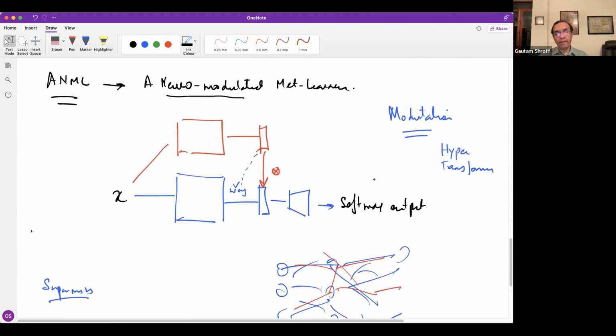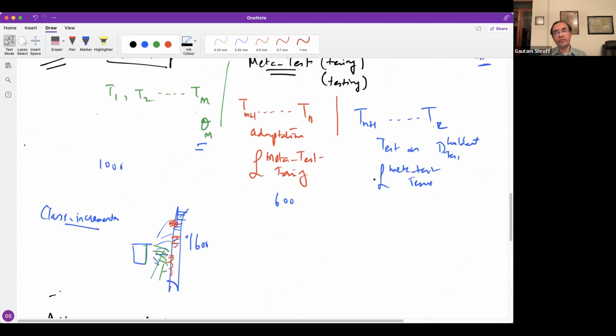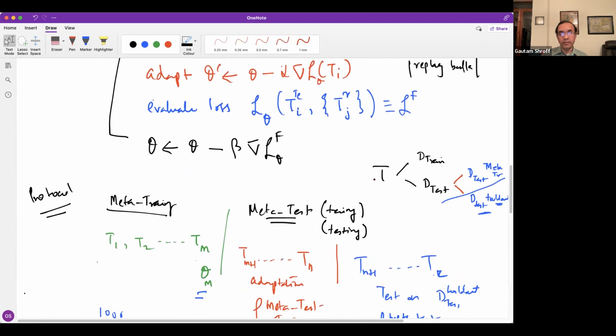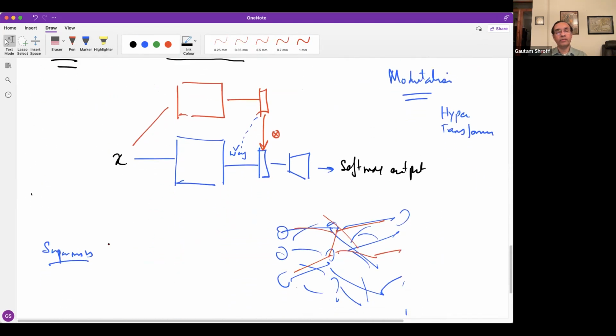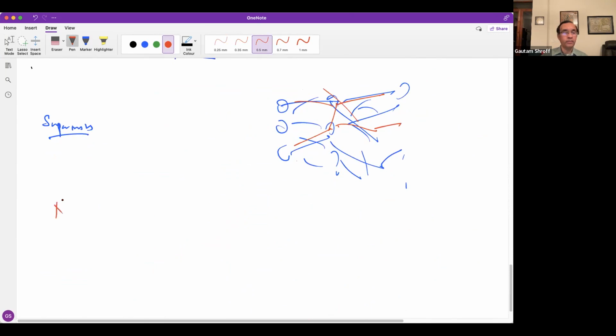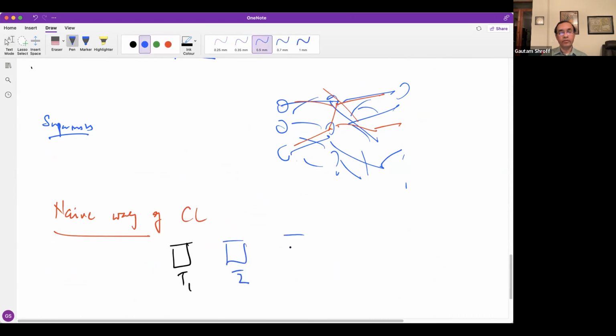So if you have enough variety in your network, then the network can sort of mimic the naive way of doing continual learning as well, where you have a network for task 1, a network for task 2, network for task 3, network for task 4.